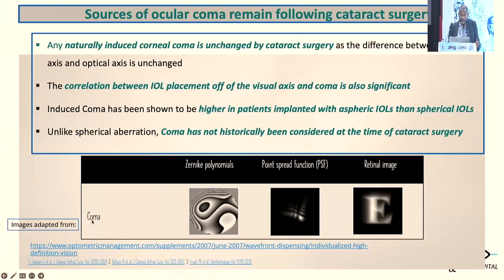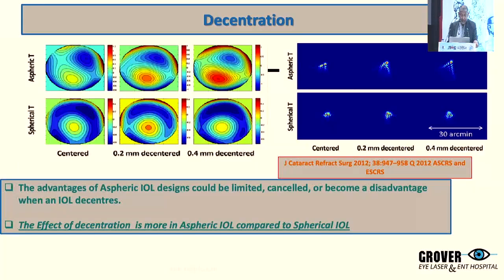Even if you implant aspherical IOLs which do not address this coma aberration, you will have deterioration of quality of vision in case decentration of the IOL happens. So we should be considering this aberration also while doing cataract surgery.